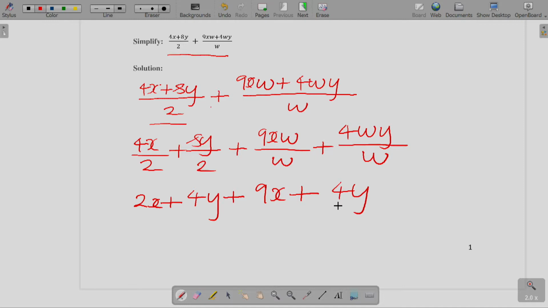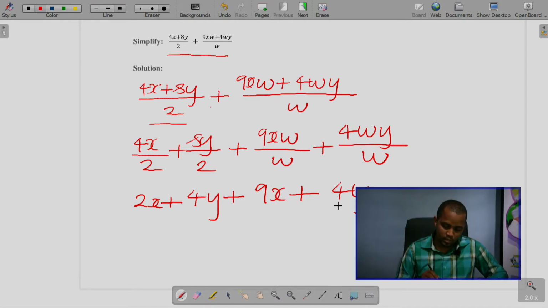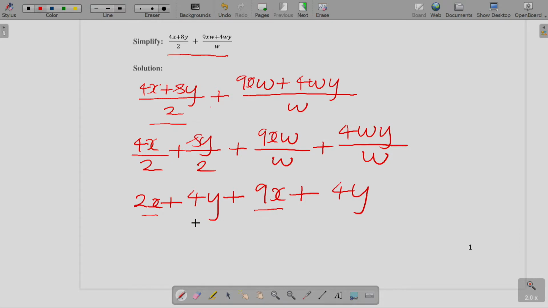So let's move to another step, which is the third step. The third step is to group together the like terms. Like terms from this expression, for example, are 2x and 9x, also 4y and 4y. So let's group them together.